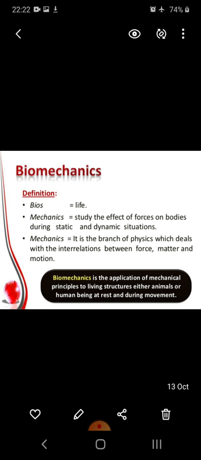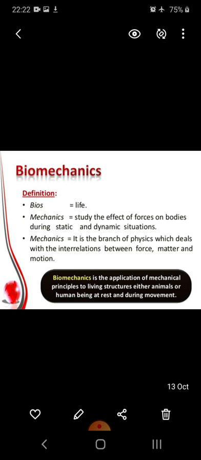In other words, biomechanics is a sub-discipline that applies the laws of mechanics and physics to study bodily movement and the causes of movements, both internally and externally. It can also be said that biomechanics is the study of forces and their effects on living systems.